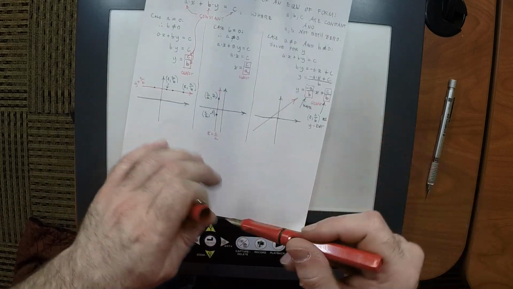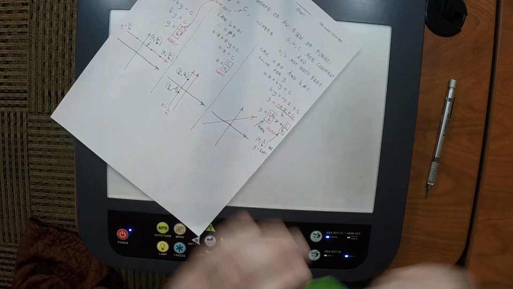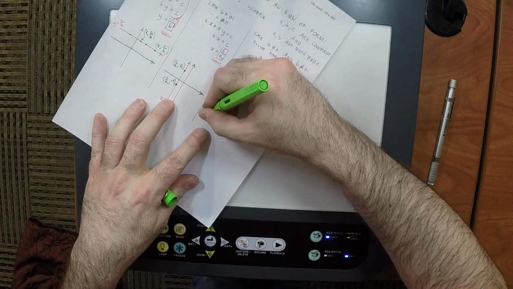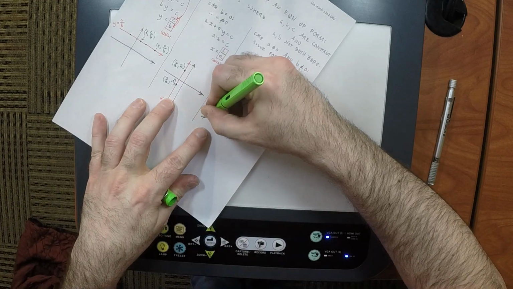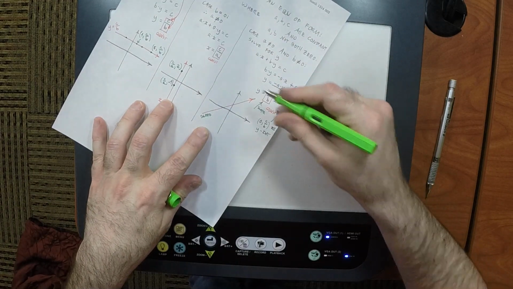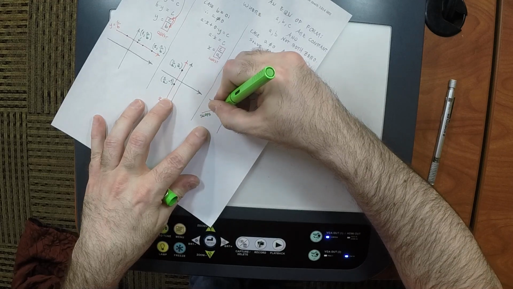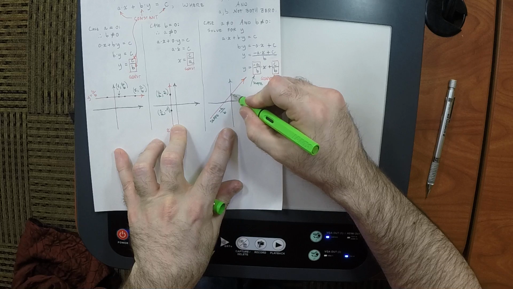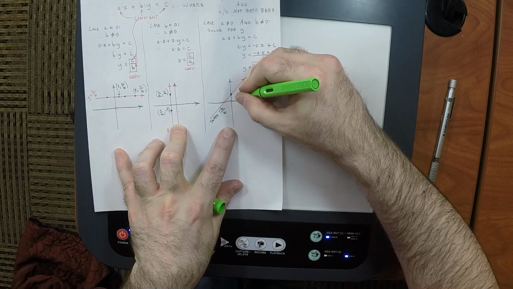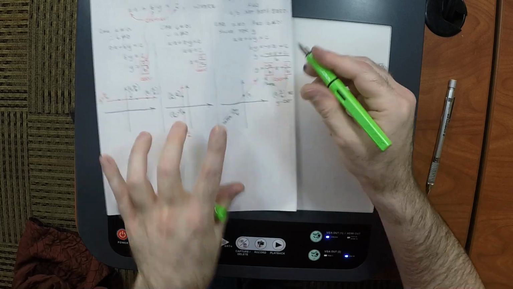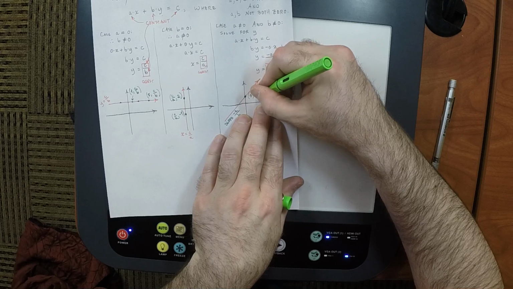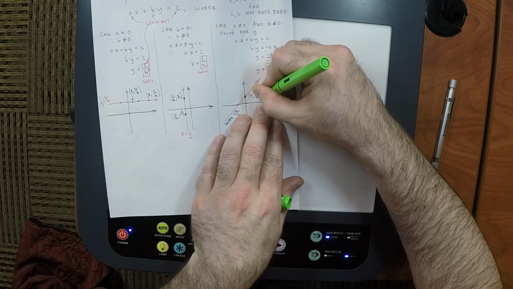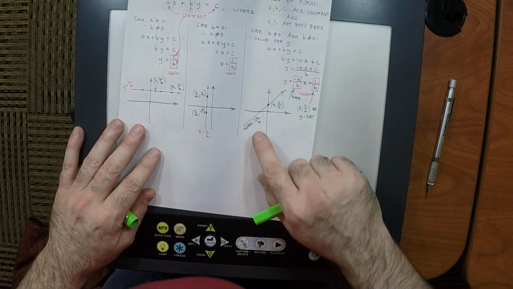And it's saying that the slope of this line is negative A over B, and it's saying that that point right there is 0 comma C over B. All right.